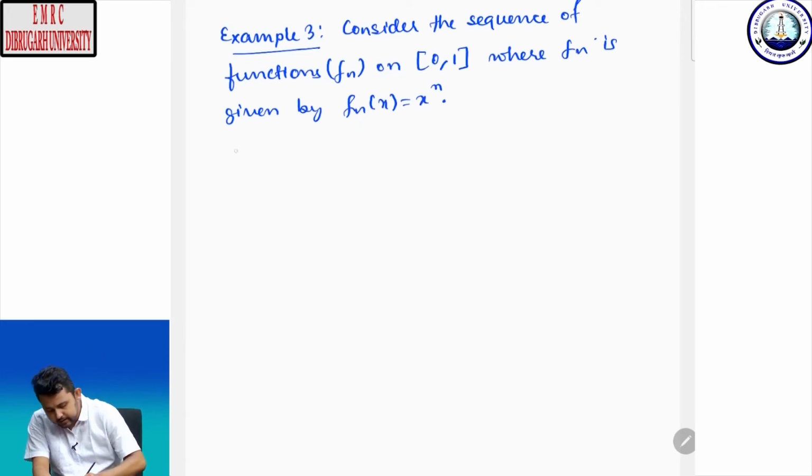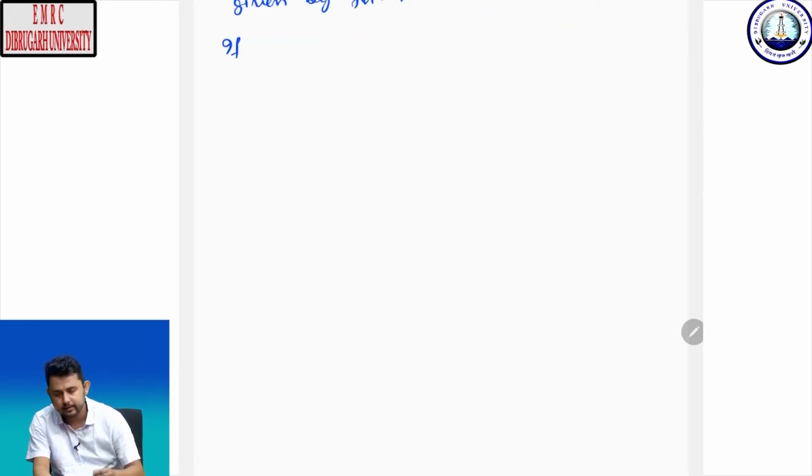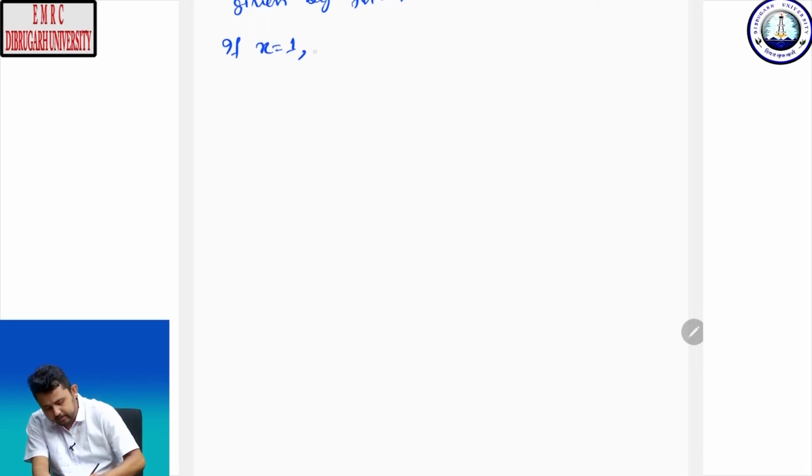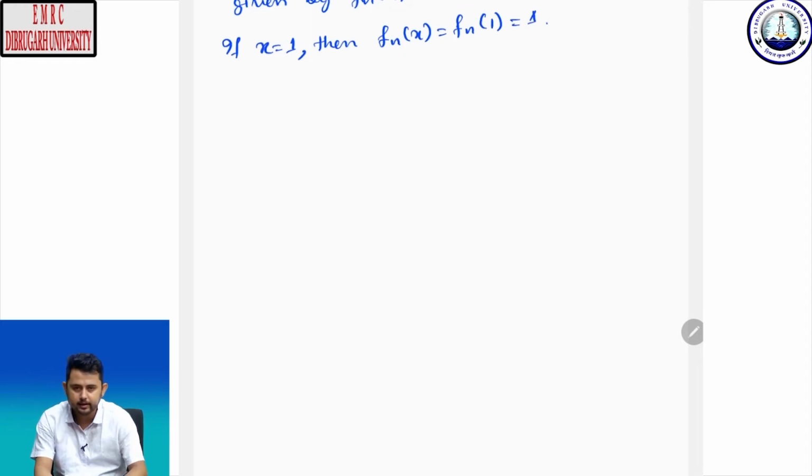So, in this case, first we have x equal to 1. Then what does our sequence of functions become, right? Then I can write each term fn x as fn 1, which is nothing but 1, right, 1 for all n.